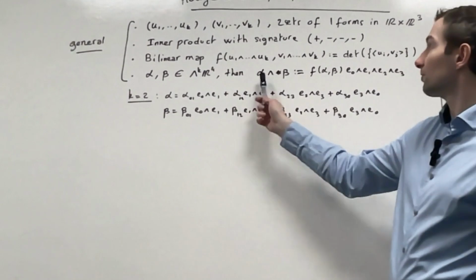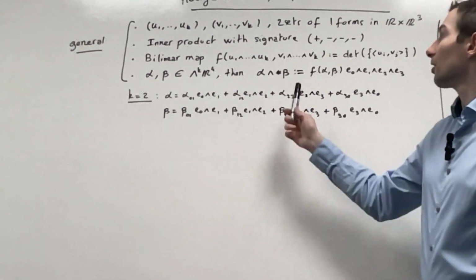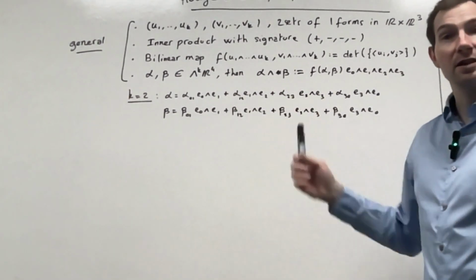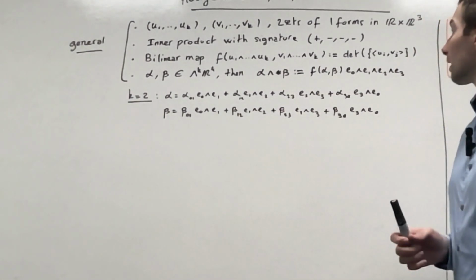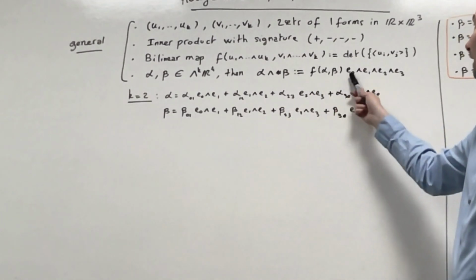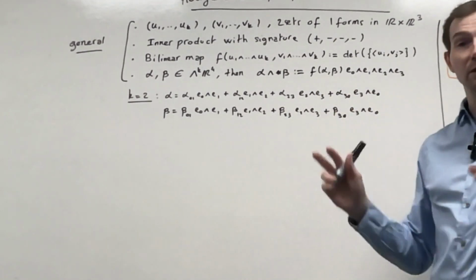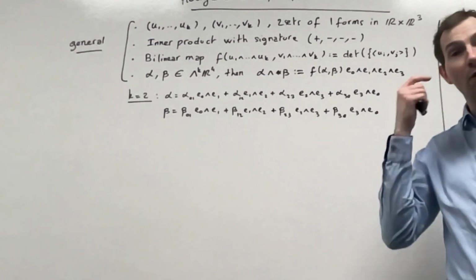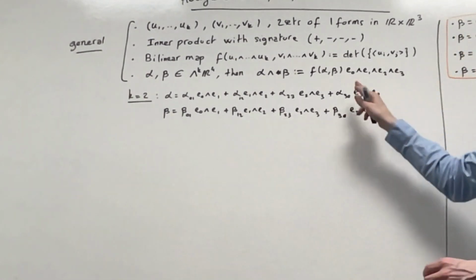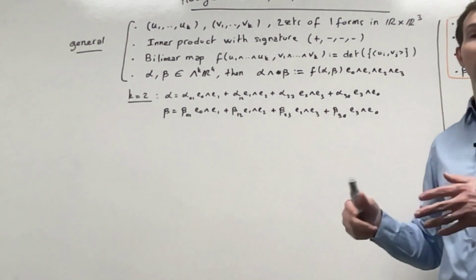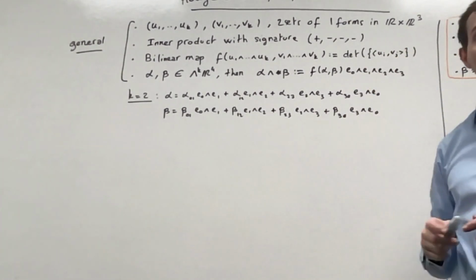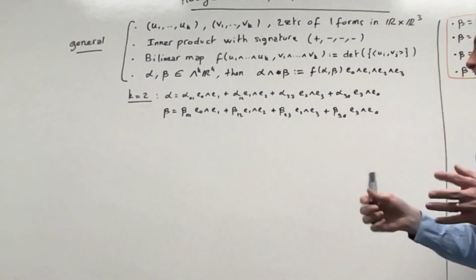After that, you define the Hodge dual of beta as star beta, such that it satisfies this particular relationship, where this one is the so-called canonical volume form, corresponding to the canonical basis E0, E1, E2, E3 in this space. Okay, so basically that's it.